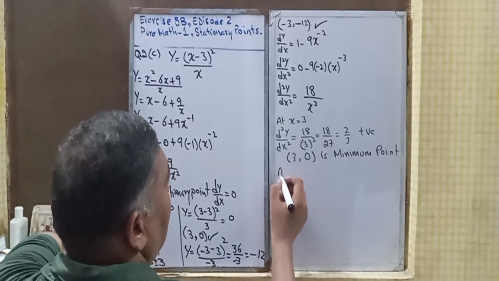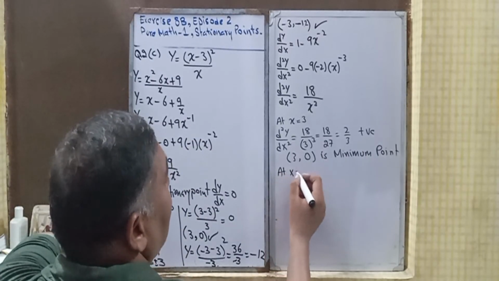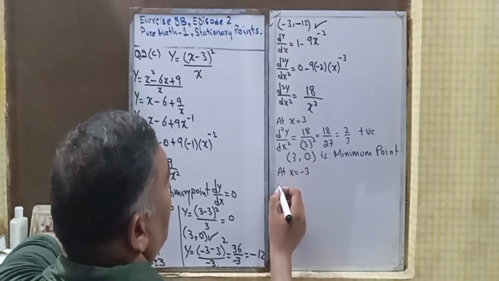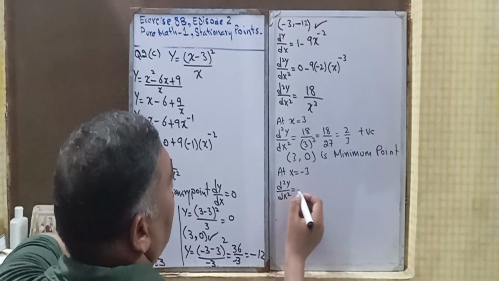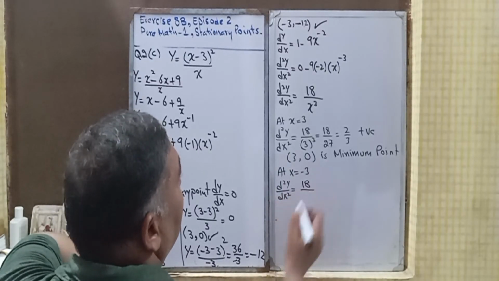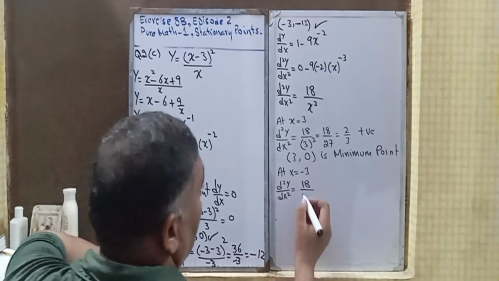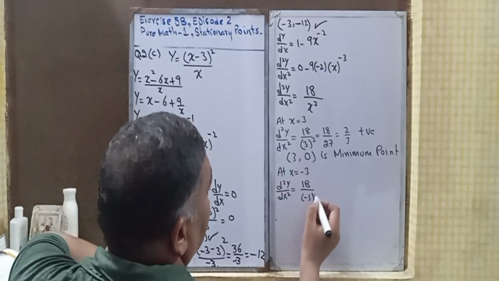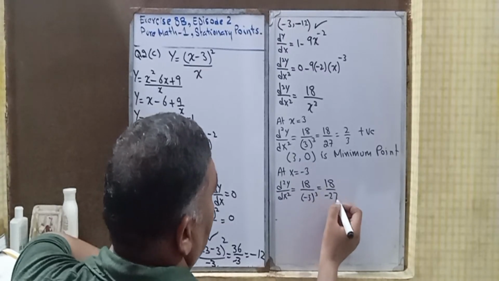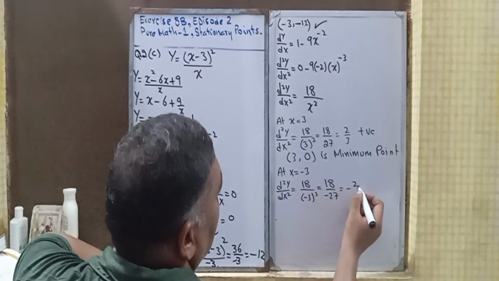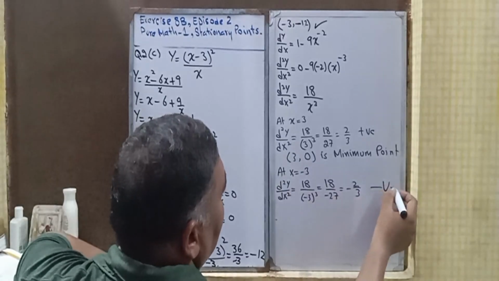Then at x equals minus 3, d square y by dx square will be equal to 18 divided by minus 3 cubed. So it is 18 divided by minus 27, so this is minus 2 by 3. So this is negative.